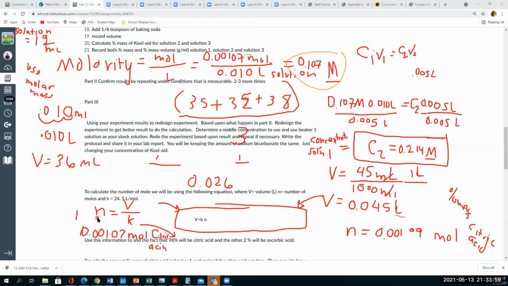I did that and I got 0.001836. So you got 0.001836, right? Yes, and we're doing 3 sig figs.